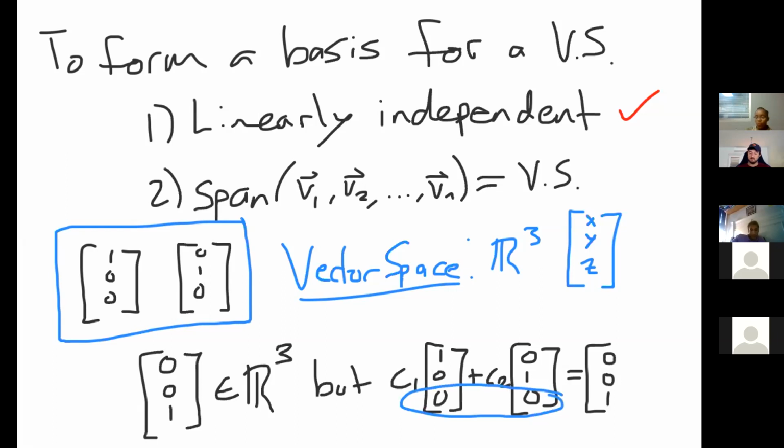There's no way I can add zeros together to get something that is non-zero, which is a 1. So in here, it's that last one. Yes, these two vectors are linearly independent, but they don't span R3. They can't recreate any vector that is in R3. Okay, so the correct answer is no. These do not form a basis because they don't satisfy those two conditions.